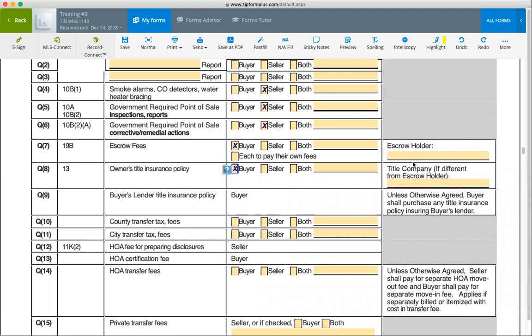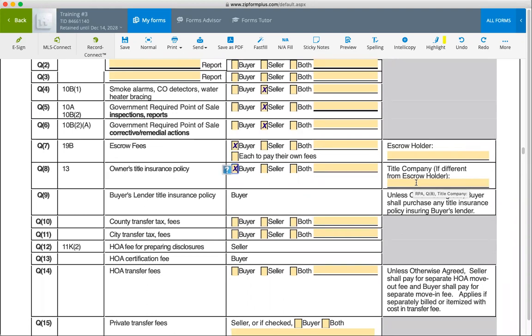Often, under other terms here, you could put in the name of the escrow holder, where you're going to open the escrow. The buyer has the right to open the escrow with the company they want to. And the title company and the escrow company are actually two separate things. The title company does the prelim and does the title insurance.